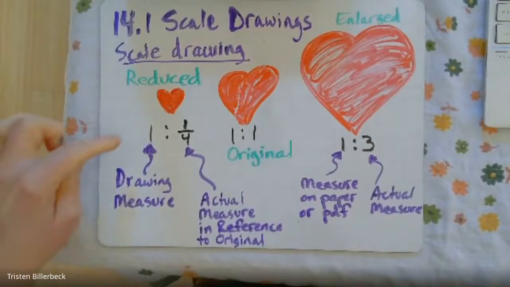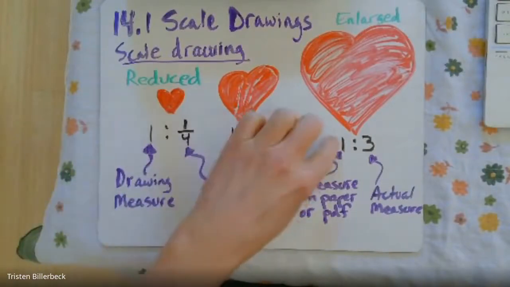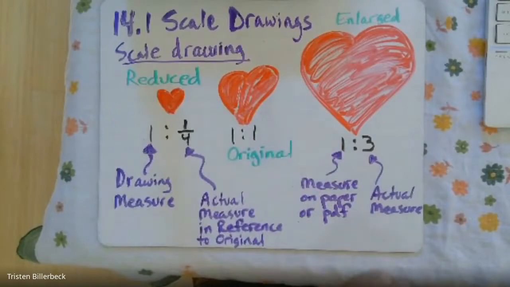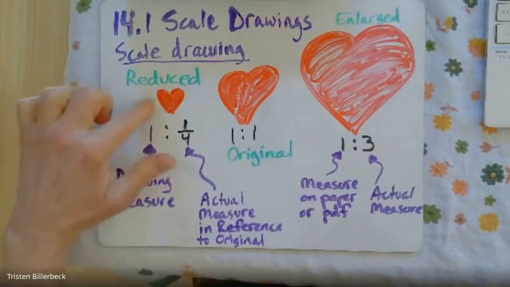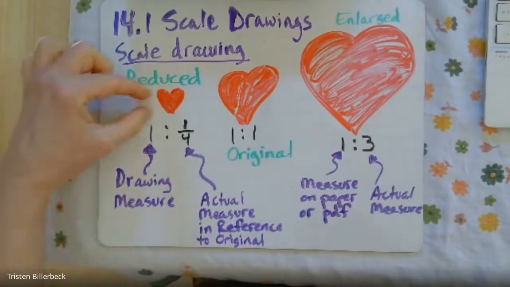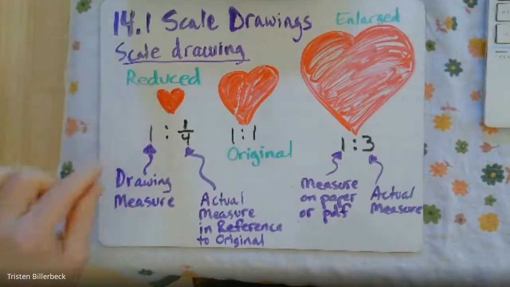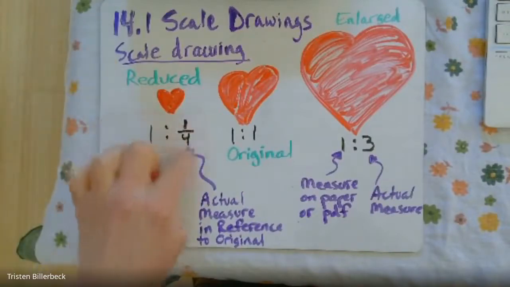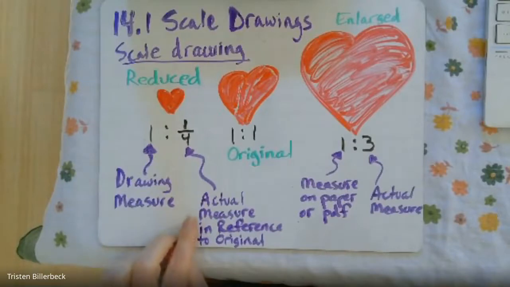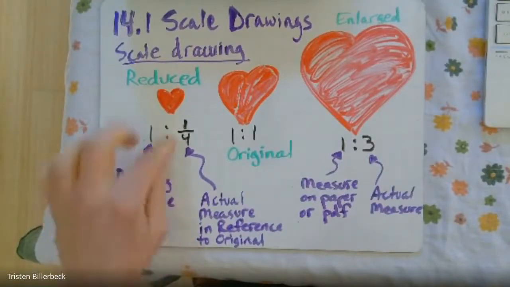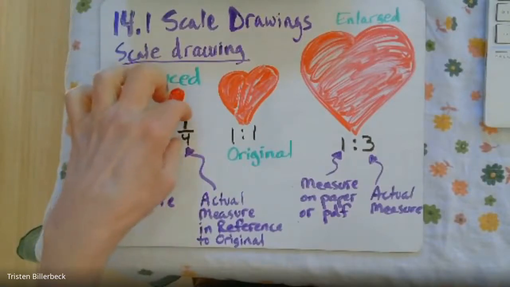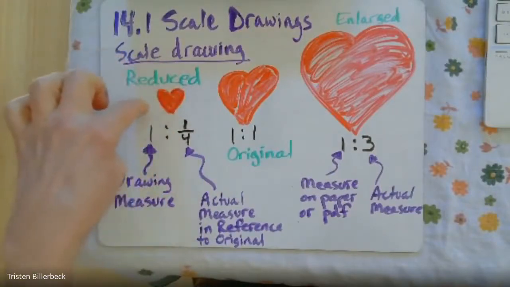So this first number here represents the actual drawing. Okay, so this is the actual drawing measure. So that's 1. But this number here is the actual measure in reference to the original. So this is 1/4 of the original.